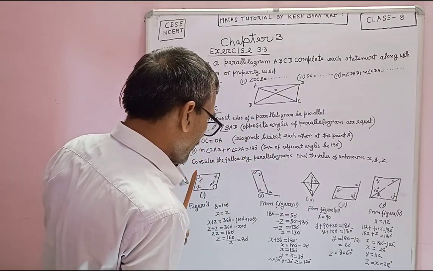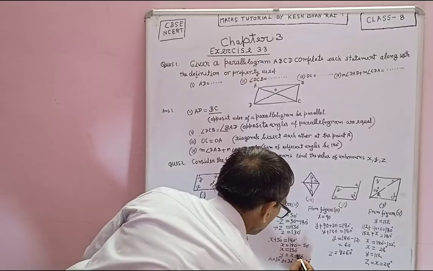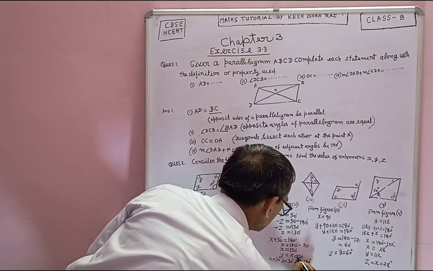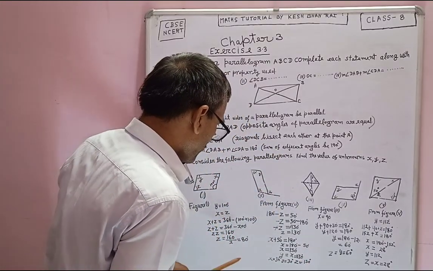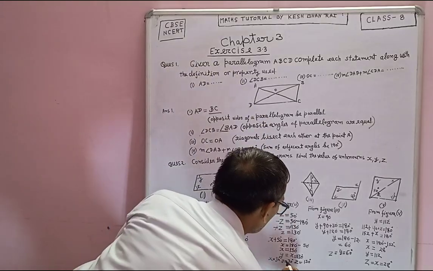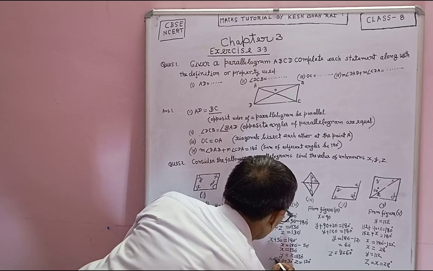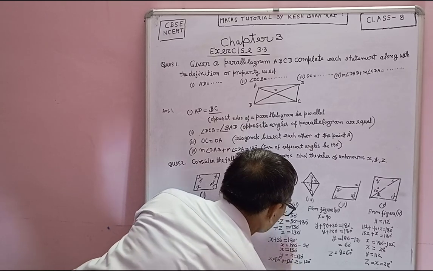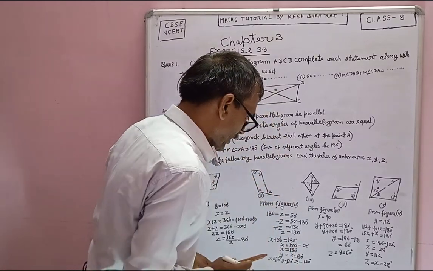Then x is equal to y is equal to 130. So x is 130, y is 130 and z is 130.